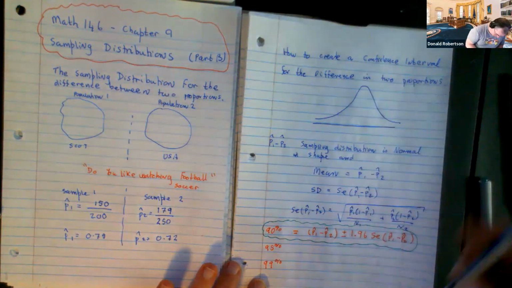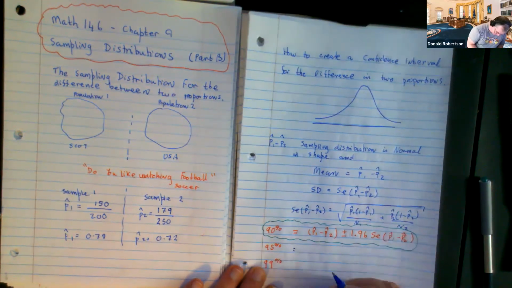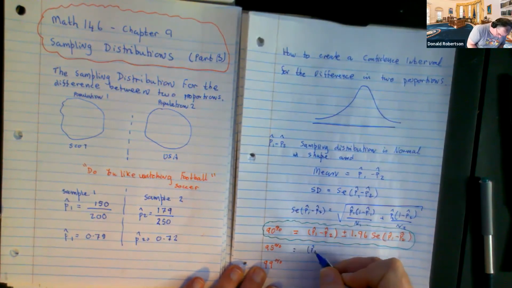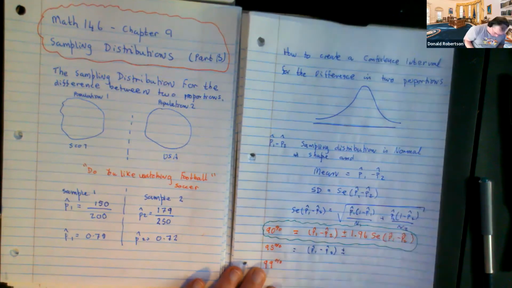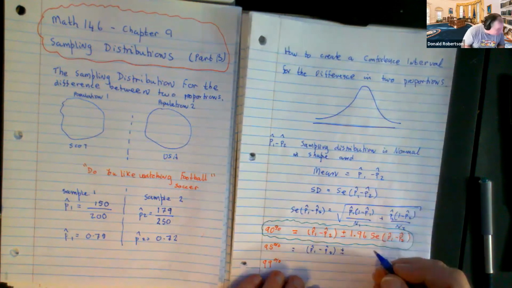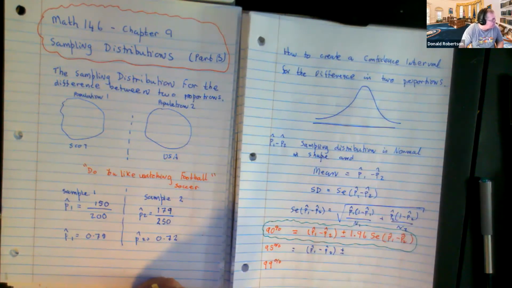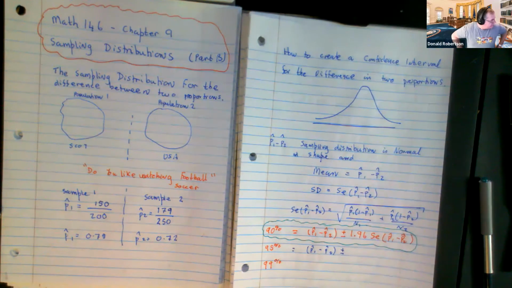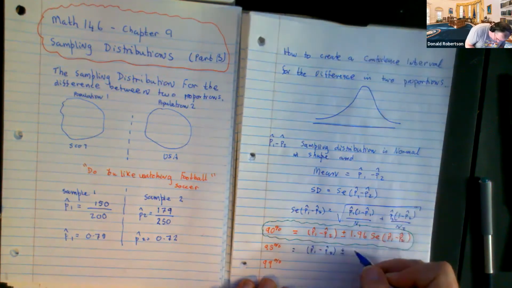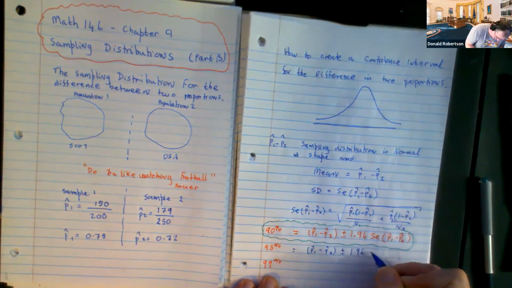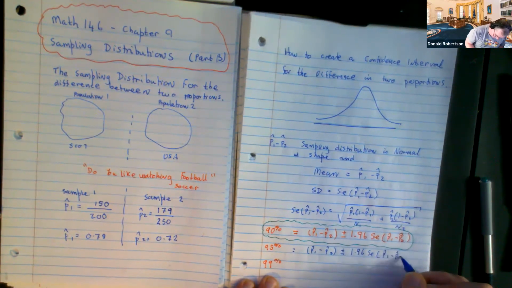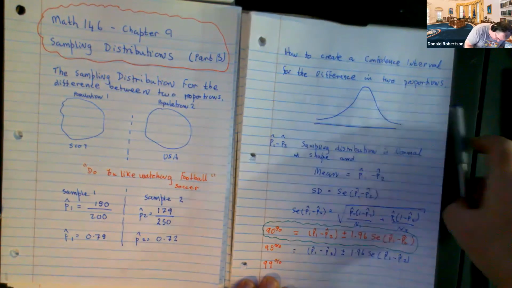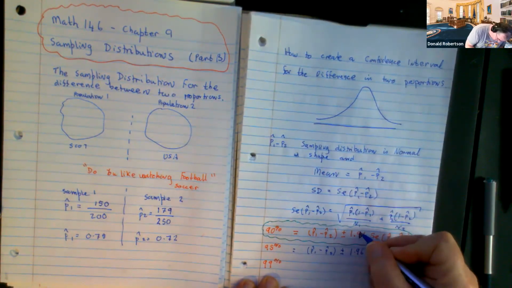I'll do blue for this. If you want to do a 95, it's P1 hat, take away P2 hat, plus or minus 1.96 times the standard error. This guy up here, I always get those two mixed up, is 1.64.